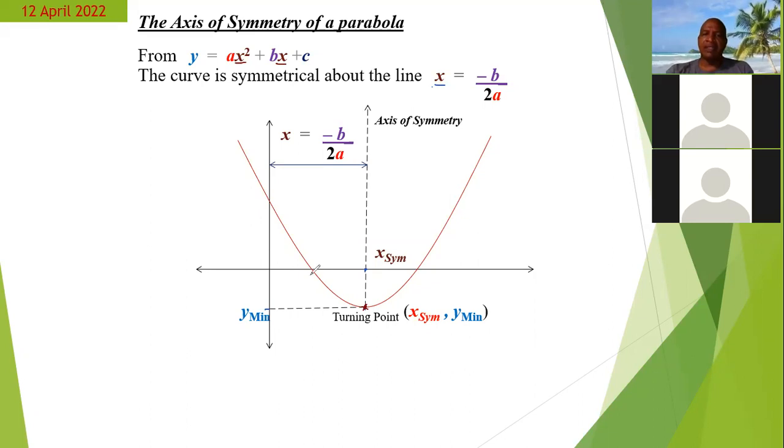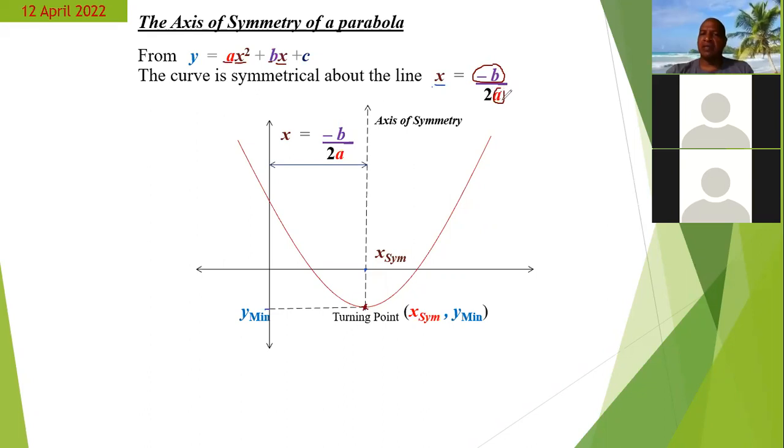All right, so all I'm saying is that if you have the equation y in the quadratic form, and you know the value for A, and you know the value for B, you can put that value for A and B from the quadratic form into this formula. So you put the B above, and you put a minus sign, so you have a minus B. And then you put the A below and times it by 2. And then now you do the calculation.